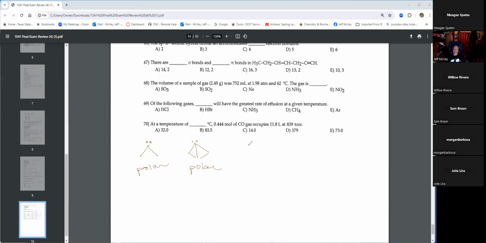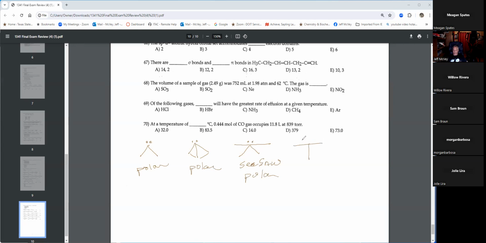You've got seesaw. This is seesaw. It's got a trigonal bipyramidal electron geometry, seesaw molecular geometry. Let's say the bonds are polar, the molecule is polar. Asymmetry is what's telling you that.